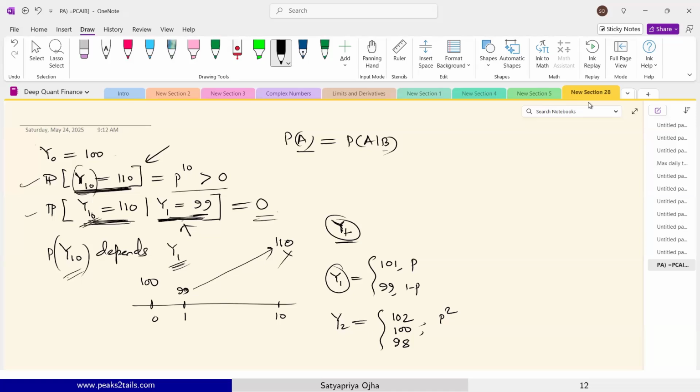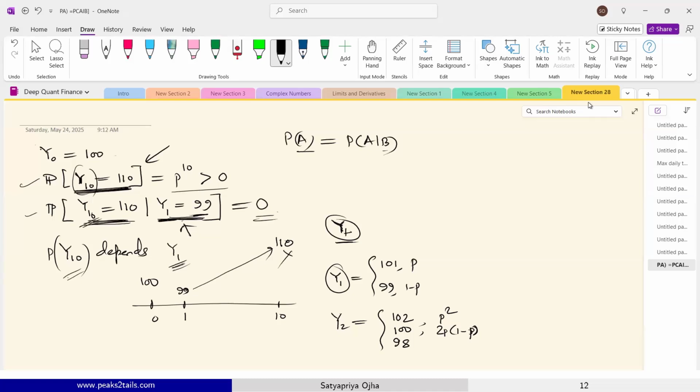What is the probability of 100? Who can tell me? After 2 days, what is the probability of the stock price to have a value of 100? Is it P times 1 minus P? Are you sure? Is this correct? 2 times P times 1 minus P. Thank you.